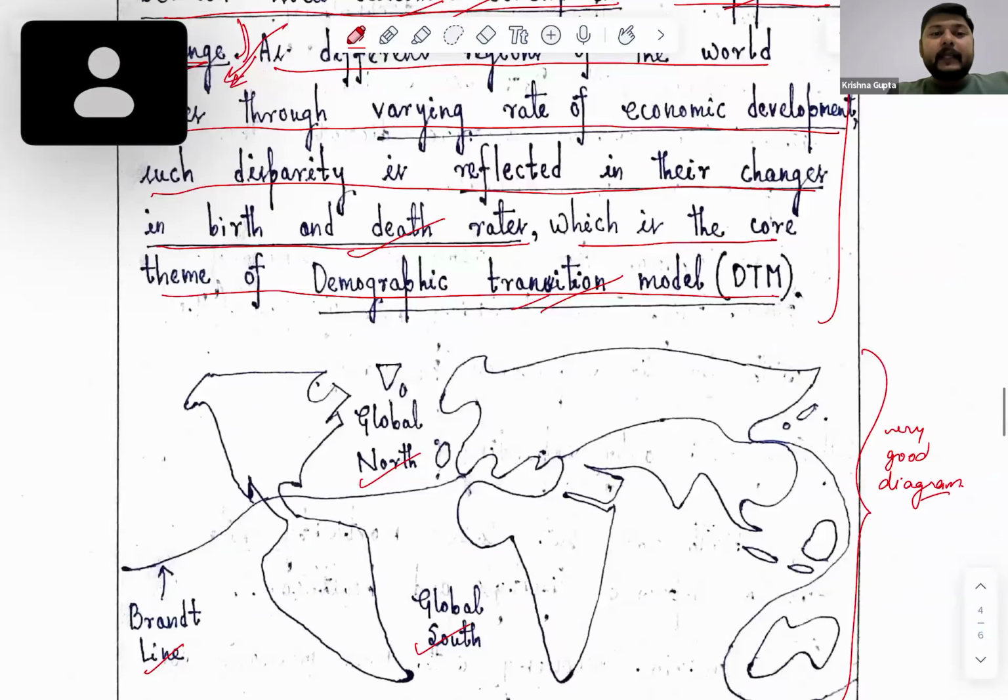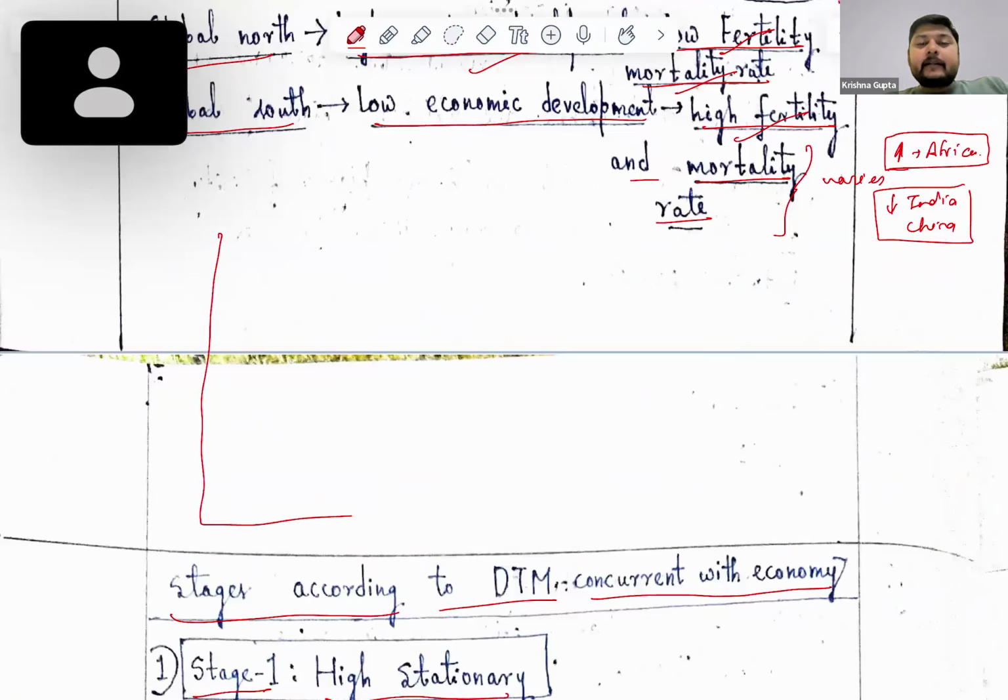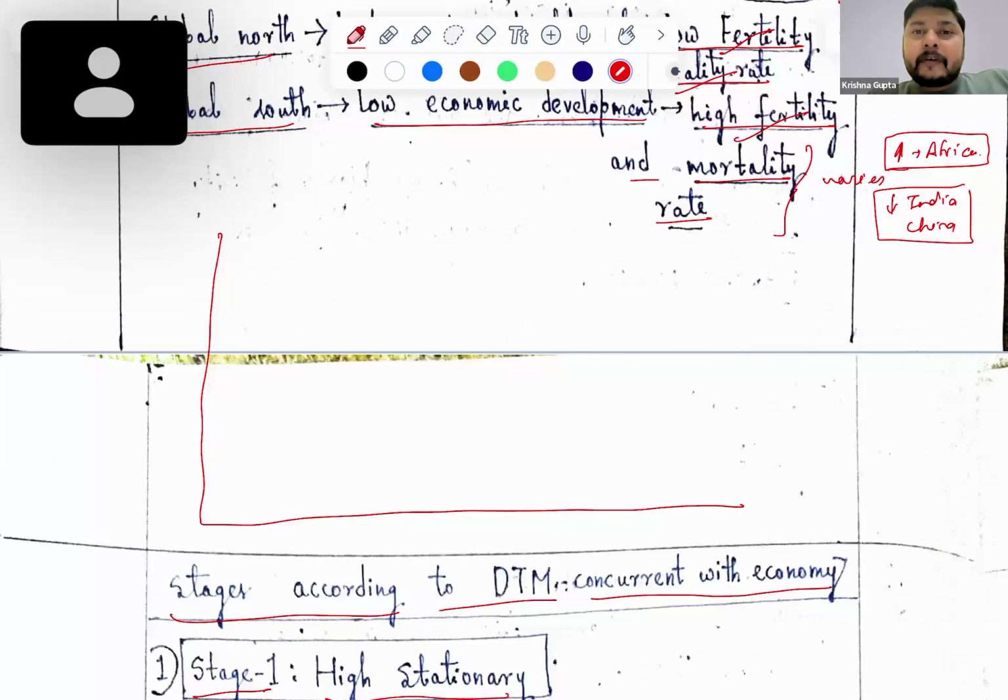For example, number one, I would like you to add the diagram of the demographic transition model here, the graphical diagram. This is the birth rate and this is the death rate.